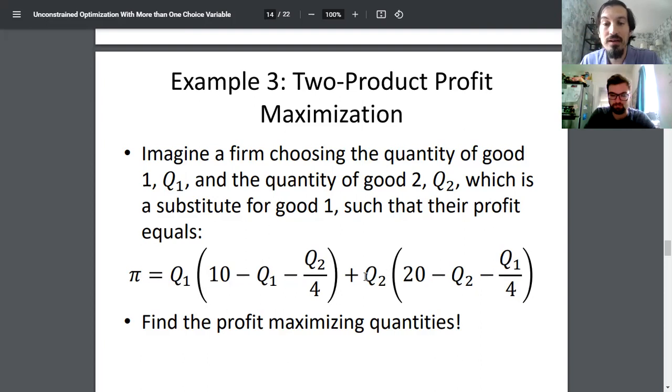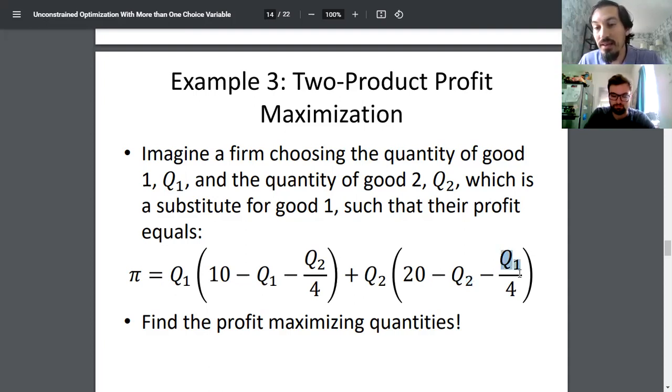From product 2, of course, I produce Q2 of it. And this here is the highest price I can charge for product 2. Just like before, the 20 minus Q2 part is the downward sloping demand curve. Of course, the more quantity I want to sell, the lower the price I have to charge.